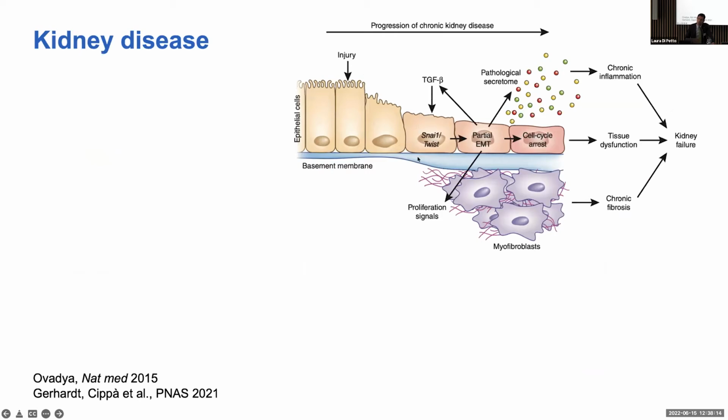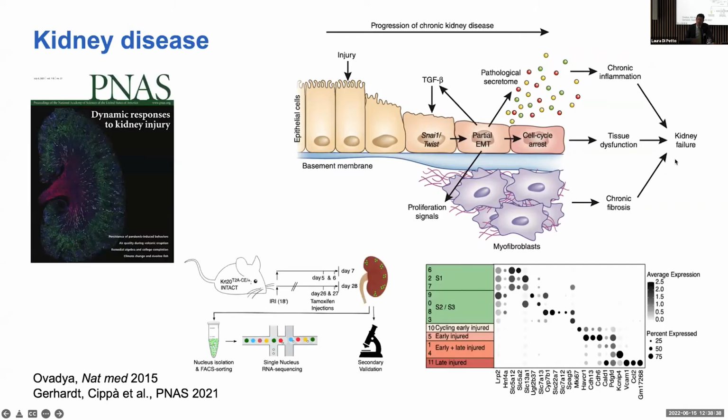After tubular injury, you have these damaged or dedifferentiated cells. And we know that these cells are not only important because they lose their normal properties and function, which contributes to the dysfunction of the organ, but there is some evidence that they also contribute to the inflammatory response leading to chronic inflammation and fibrosis, which definitely lead to kidney failure.